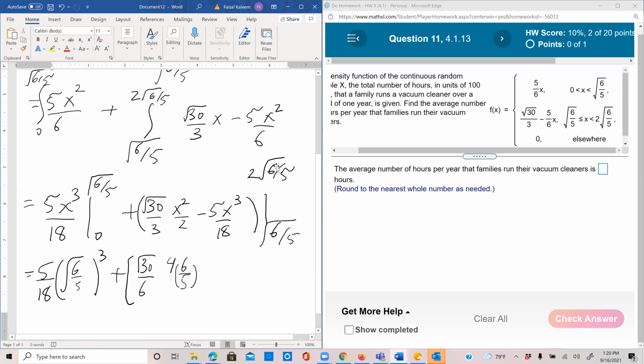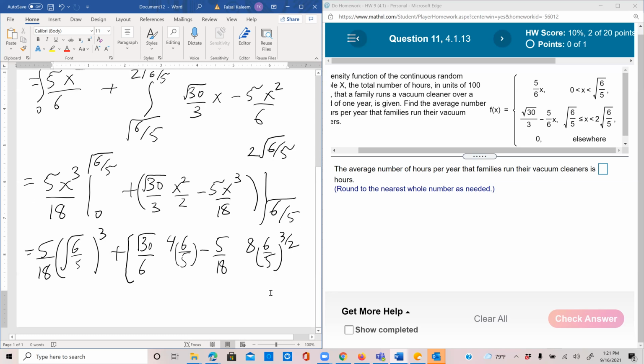Right, because the x value is 2 times square root 6/5, and you square it, the 2 becomes a 4, and the square root 6/5 squares to just 6/5. And then minus 5/18 x cubed, which means 8 times 6/5 to the 3/2, because the 2 cubed is 8, and the cube of square root 6/5 is 6/5 to the 3/2.